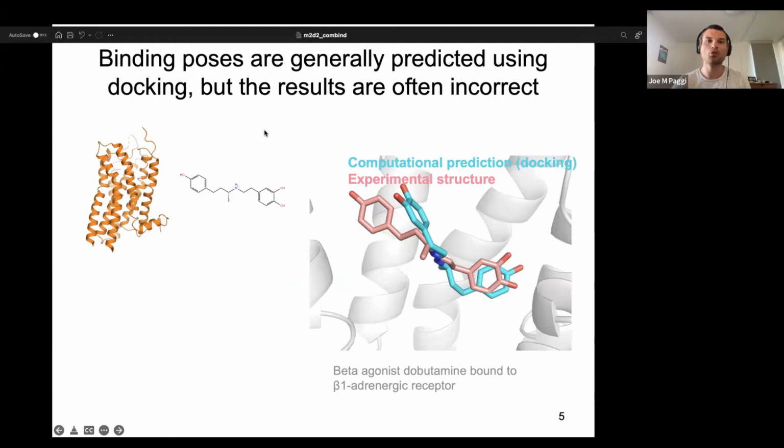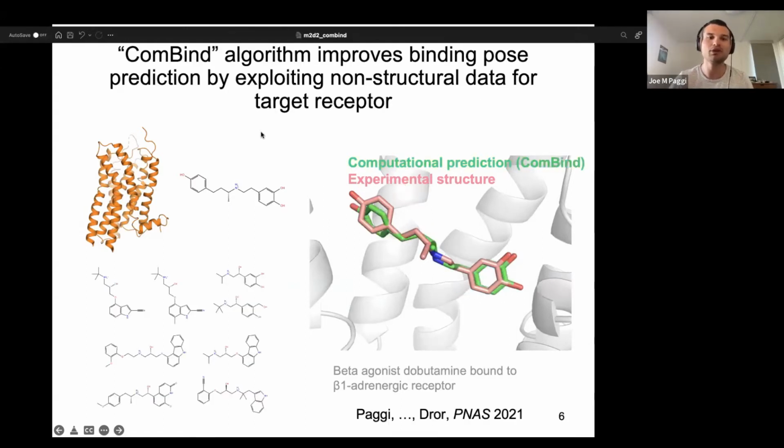So we wanted to ask, what if you simply knew a handful of other ligands that can bind to the receptor? Here, in addition to knowing your target structure and your query ligand, you also know that these other eight ligands can bind to the receptor with some reasonable affinity.